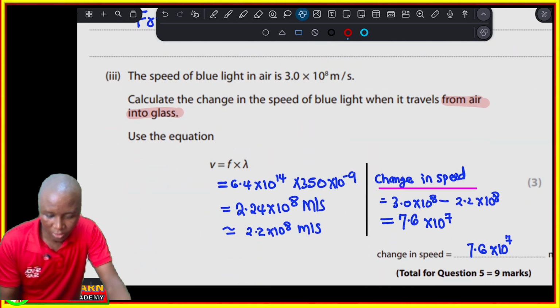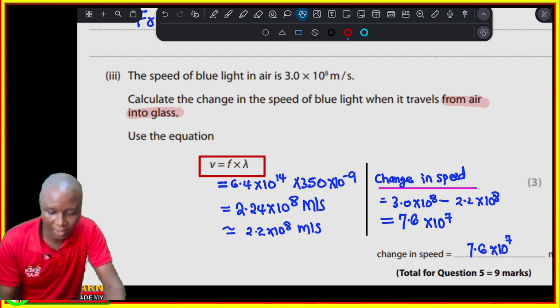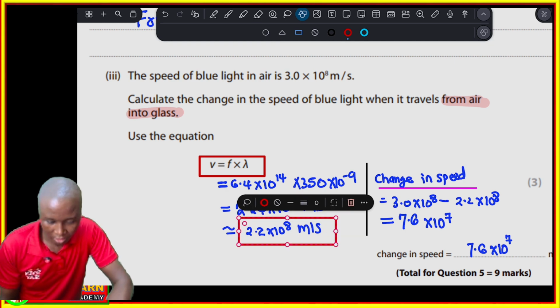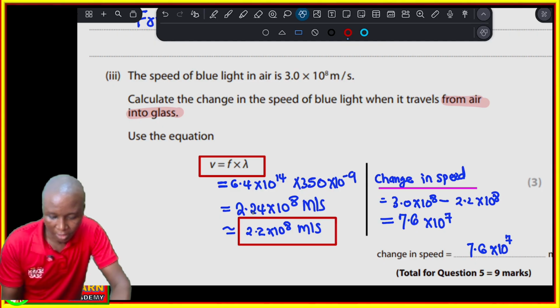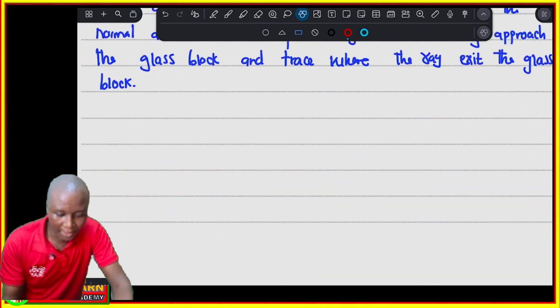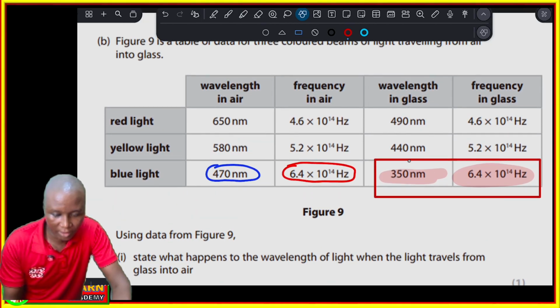So using the wave equation that is provided here, and now you are using the medium glass, you work out the speed and you are going to get 2.24 times 10 raised to power 8, because we used the wavelength being equal to this, and the frequency being equal to that.